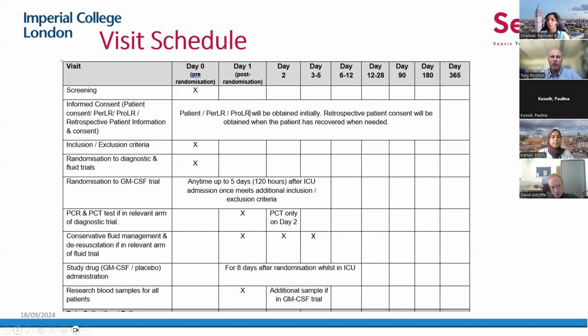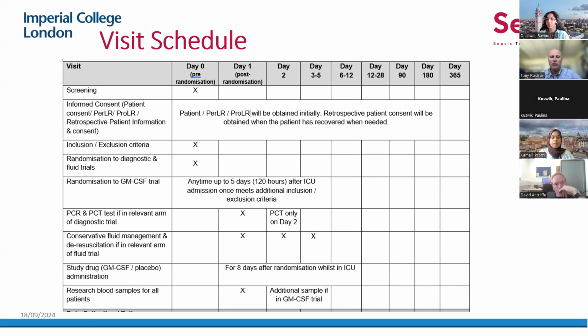So in terms of the visit schedule, this covers all aspects of the trial. Screening will happen for the early interventions from day 0 prior to randomization. Informed consent for interventions 1 and 2 will be sought within 24 hours.